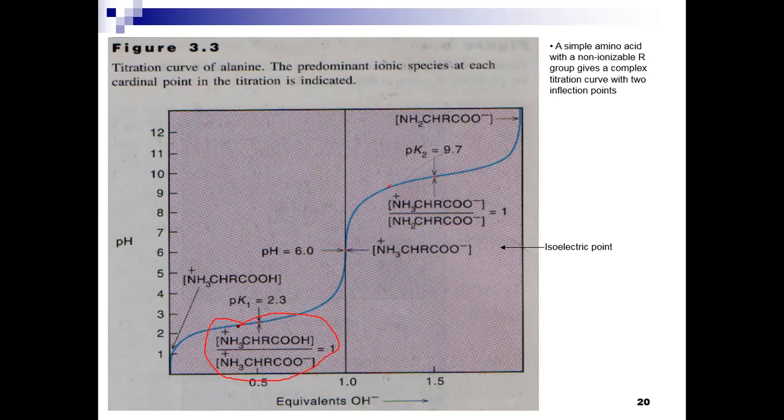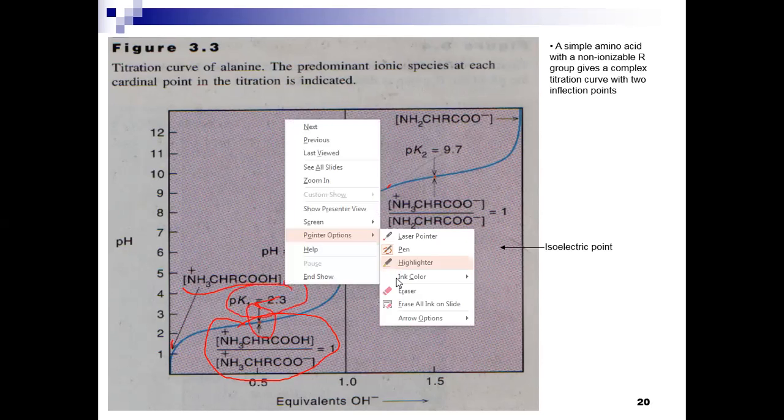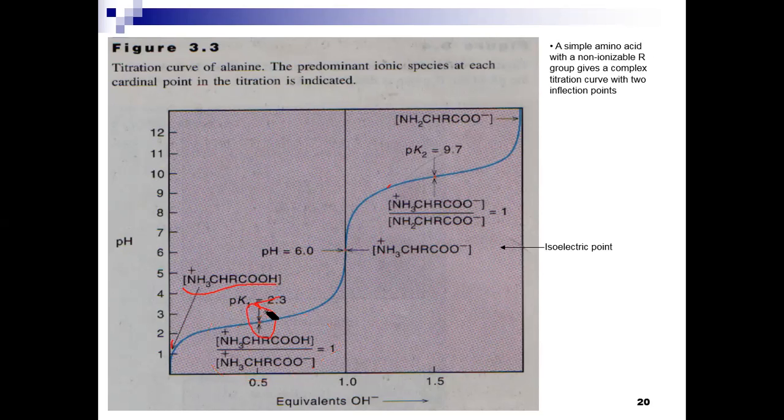So I told you that at the lowest pH, the glycine is fully protonated, and at this pH, where the pH is equal to the pKa, proton donors are equal to the proton acceptors. Okay, just make it clear to be viewed easily.